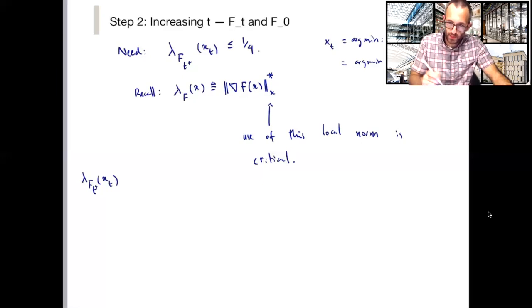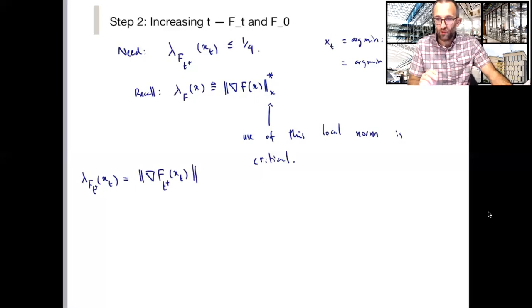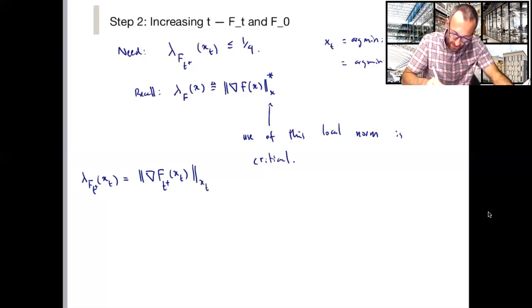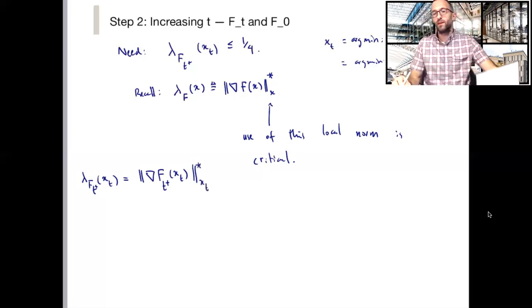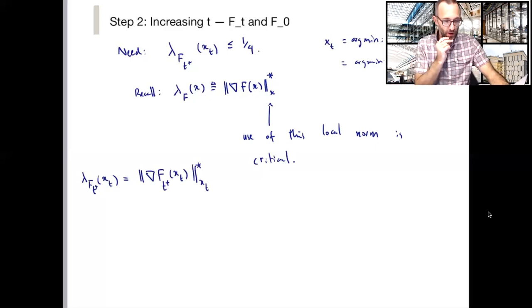Again, just plugging into the definition above, this is equal to the norm of the gradient of f_t⁺ at x_t, and it's the local norm evaluated at the argument of the gradient. So that is x_t, and of course the dual norm, because we're talking about gradients.